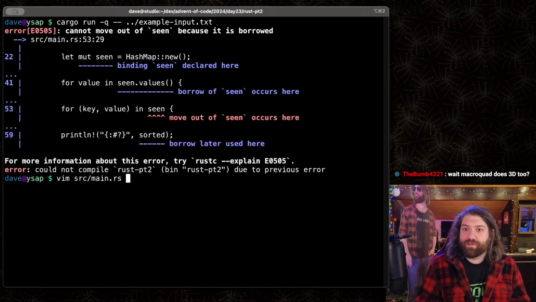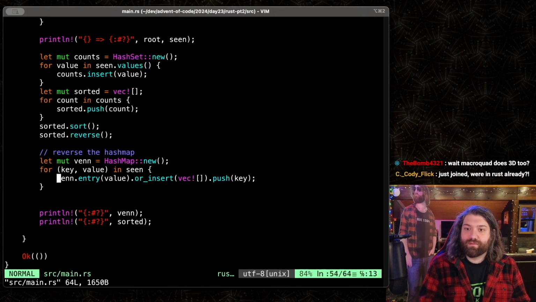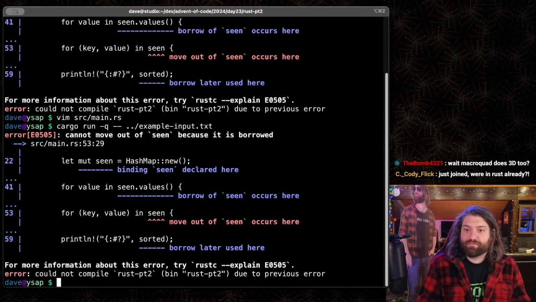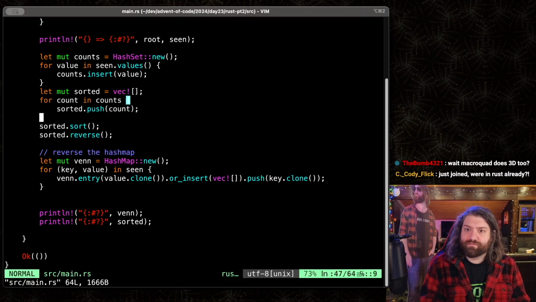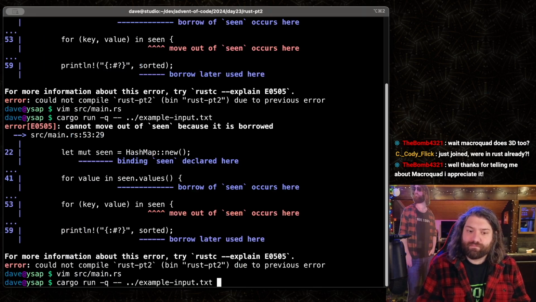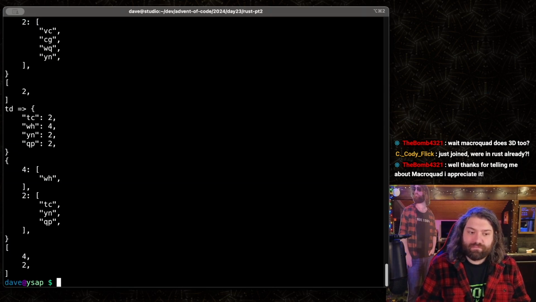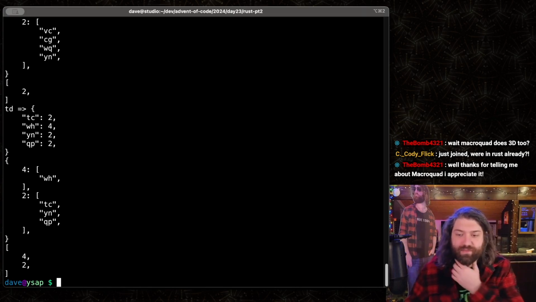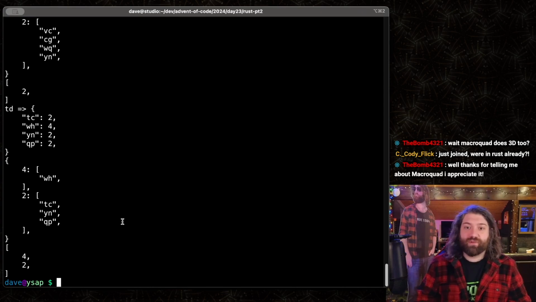Oh yeah, we're in Rust now. Hey. Yeah, no problem. Yeah, macro quad's pretty cool. I've had a lot of fun working with it.